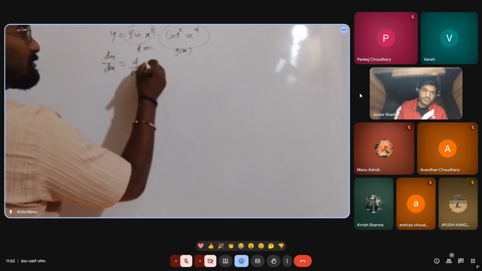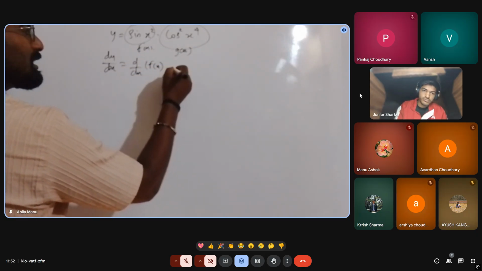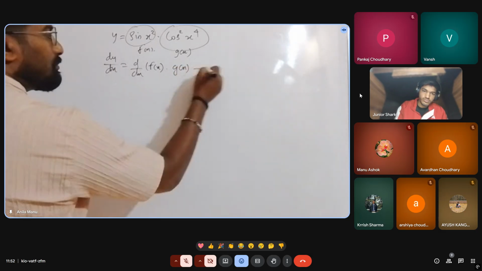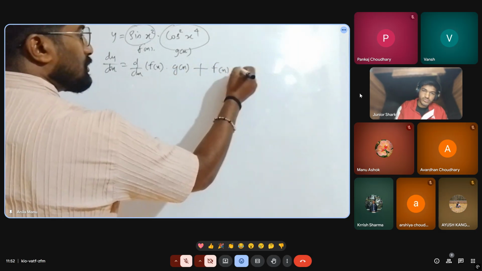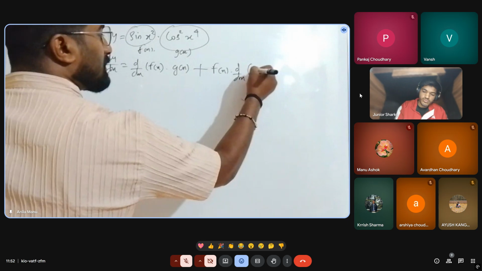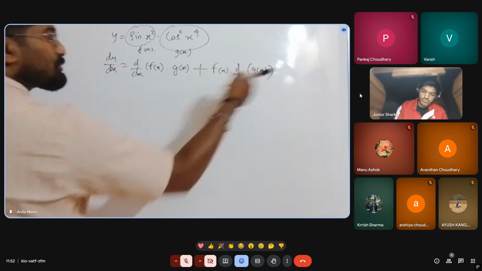So, what is the product rule? d by dx of the first function multiplied with the second, plus the first into d by dx of the second function, that is g of x. Just substitute the values.